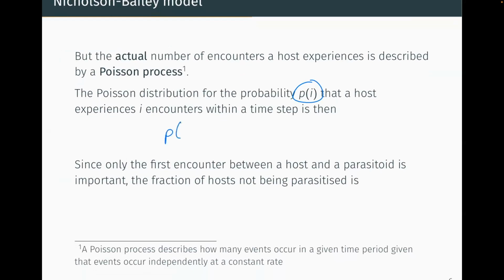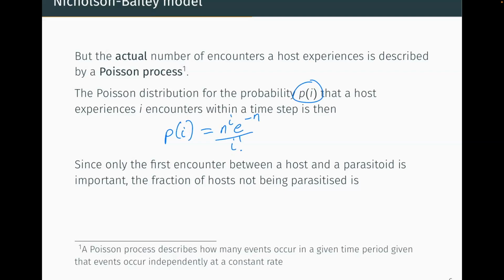So the probability of I encounters in a time step, if we follow this Poisson distribution, this is not something I'm going to test you on knowing, but if n is our average number, and we want I, we take n to the power of I, times e to the minus n, and divide it by I factorial. Okay, this is just something from the Poisson distribution. You're not going to get tested on memorizing this. If you need it, for example in an exam, I would give you this.